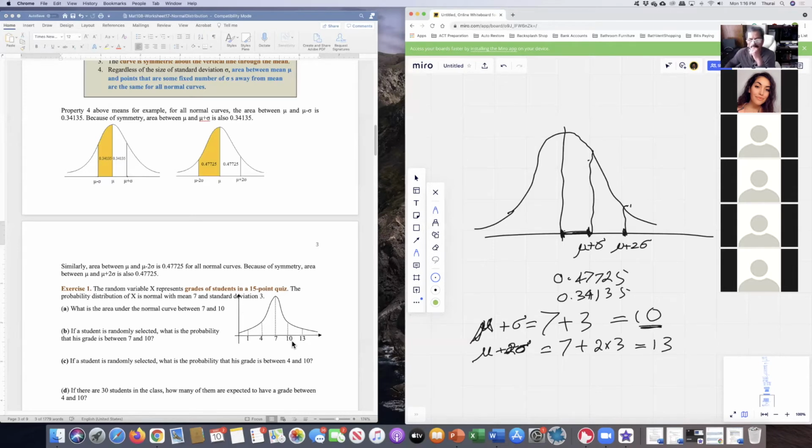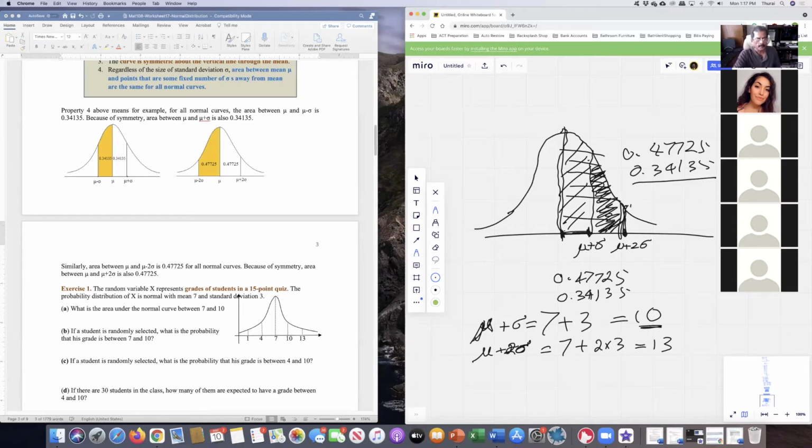Between mu and mu plus 2 sigma, this whole region is equal to 0.47725. Between mu and 1 sigma, this region is equal to 0.34135. If I subtract, I'll get this. Are you with me? Yes.